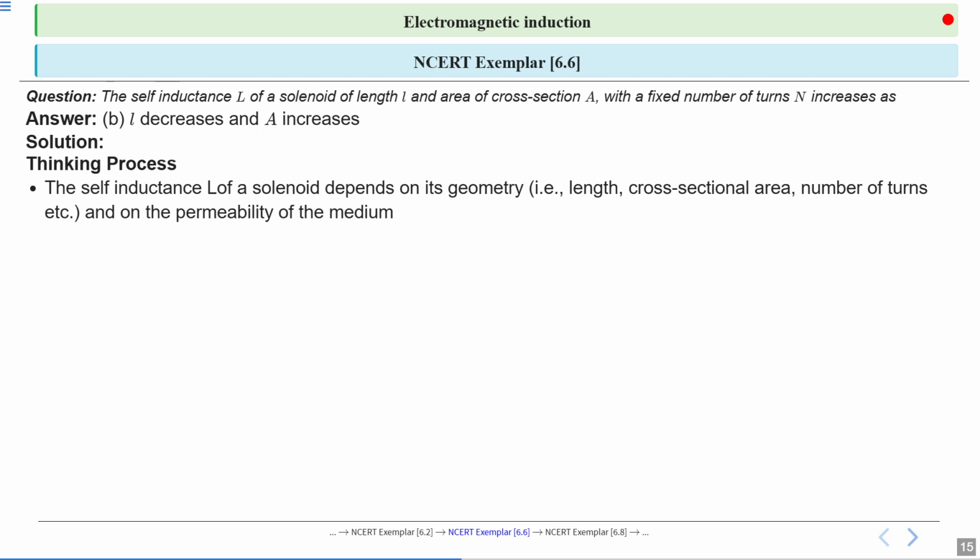So what is the thinking process for this question? The self-inductance L of a solenoid depends on its geometry, that is length, cross-sectional area, number of turns, etc., and on the permeability of the medium.